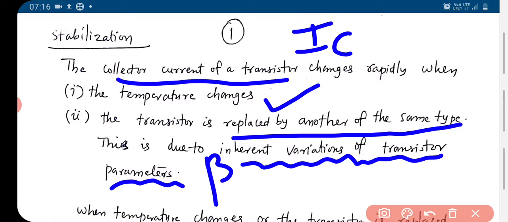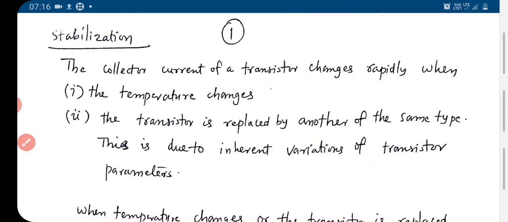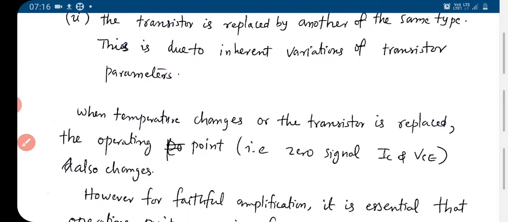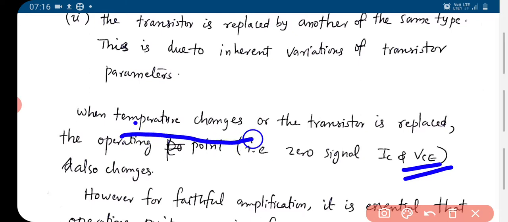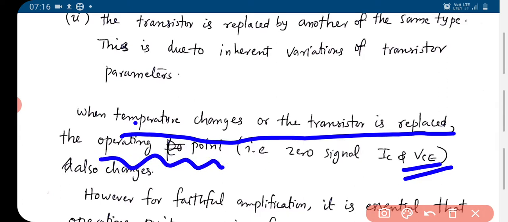So when temperature changes or when a transistor is replaced by another of the same type, the collector current IC will change. The collector current change will produce a change in VCE. So when temperature changes or the transistor is replaced, the operating point, the zero signal values of IC and VCE, will also change.